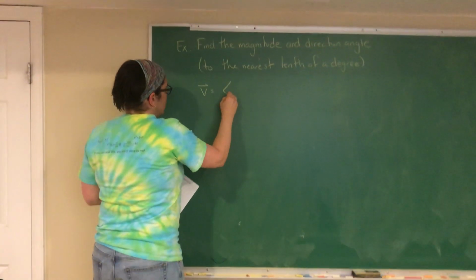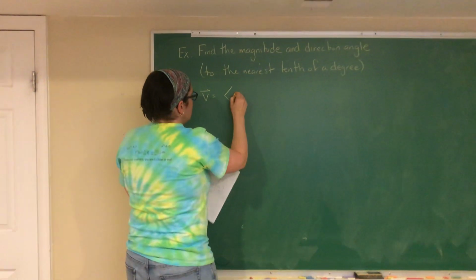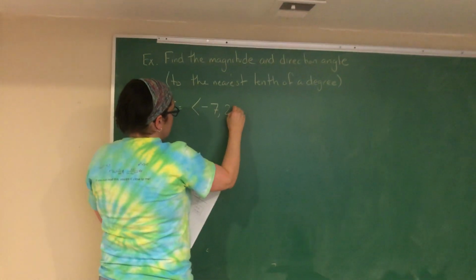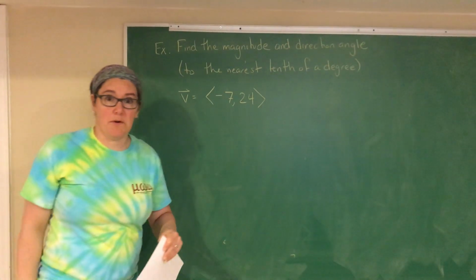We are given the vector v is the vector -7, 24.